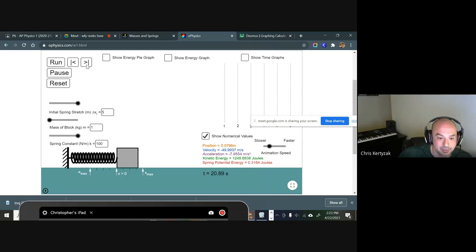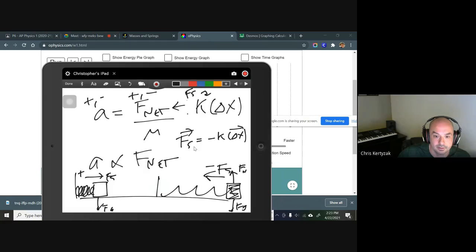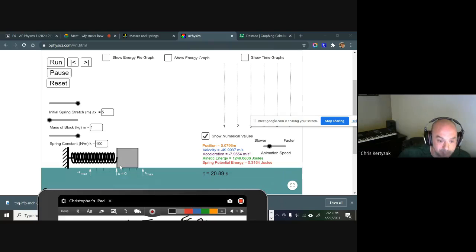Interestingly, when it passes through equilibrium and the spring has no tension in it, just its regular length, delta x is 0, right? If delta x is 0, then the spring force is 0. If the spring force is the net force, which is what we said, and the net force is 0, then the acceleration is 0. So there's actually no acceleration in the middle, when it is moving at its greatest speed.